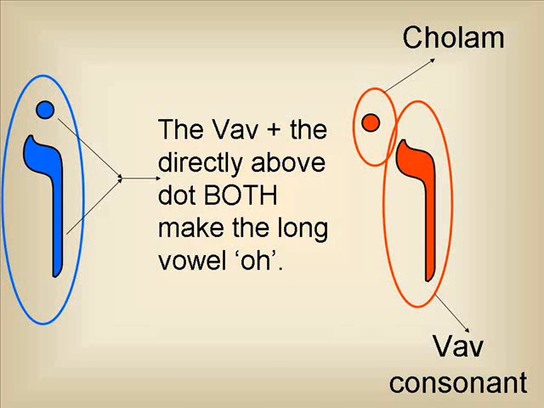Look at the next slide. First in red, we have the vo. The vo syllable consists of a vav, a consonant vav, and a cholam. Now look at the blue vav.